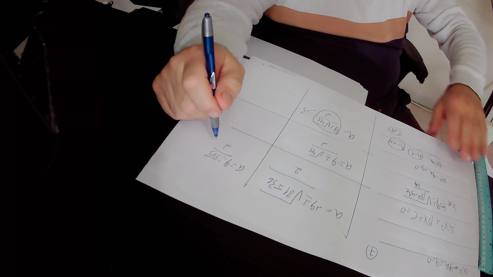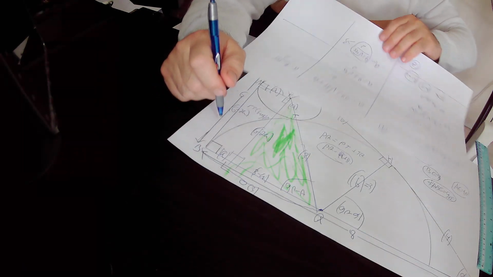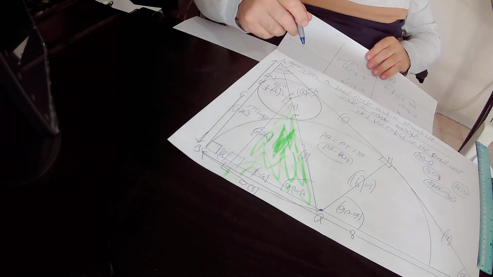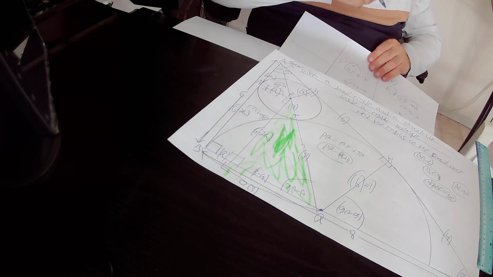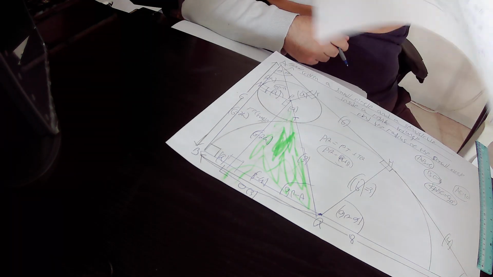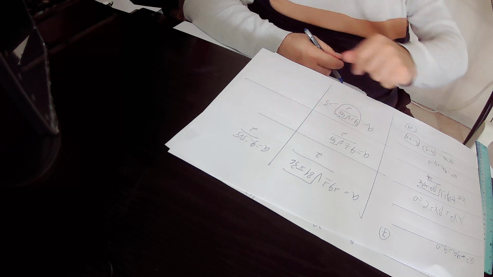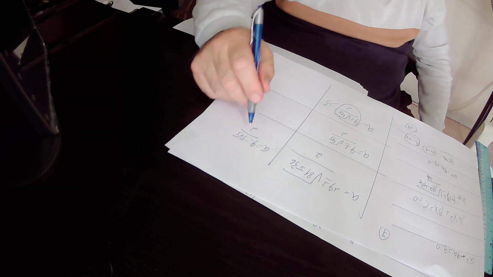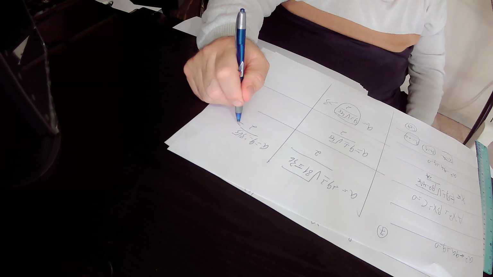So the radius of this small circle equals 9 minus 3 times square root of 5 over 2 units in terms of numbers.